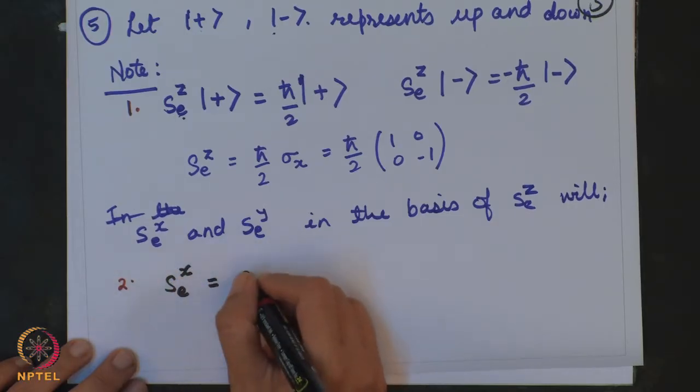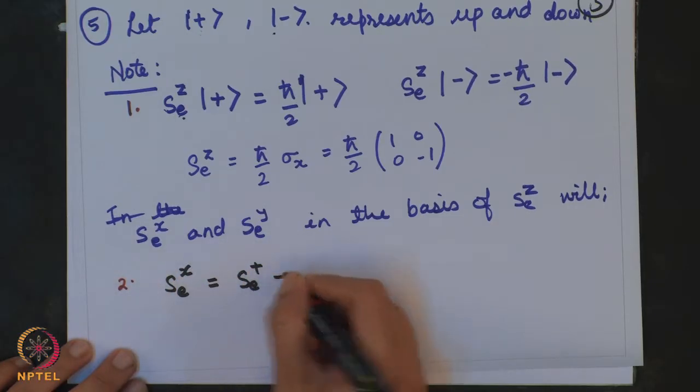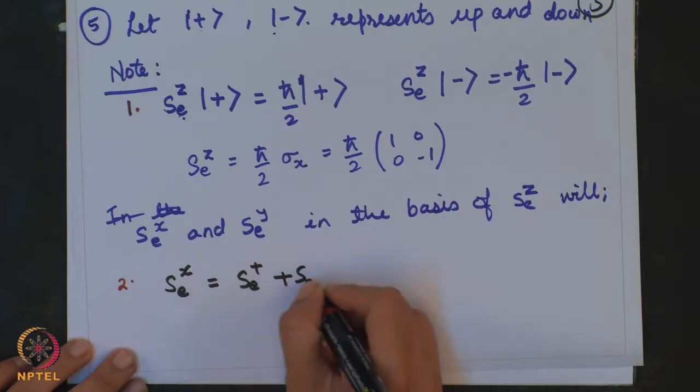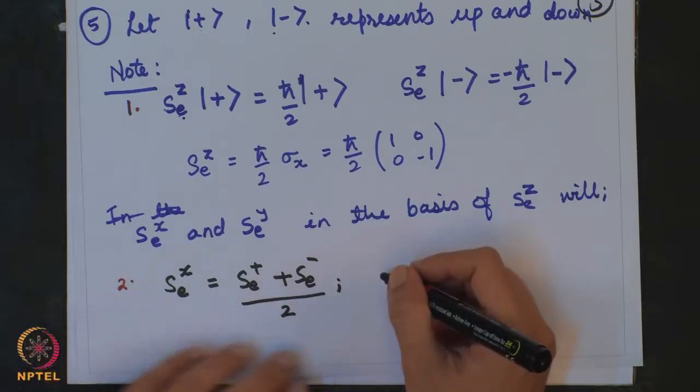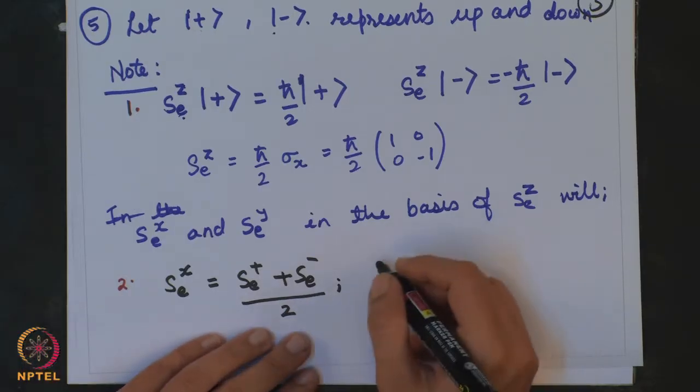Sex can be written as Se plus. Again you can see that I have come back to the ladder operator notation, which is the most convenient way to work with.